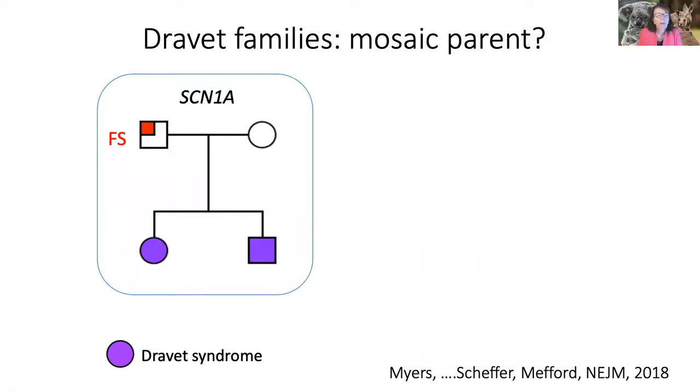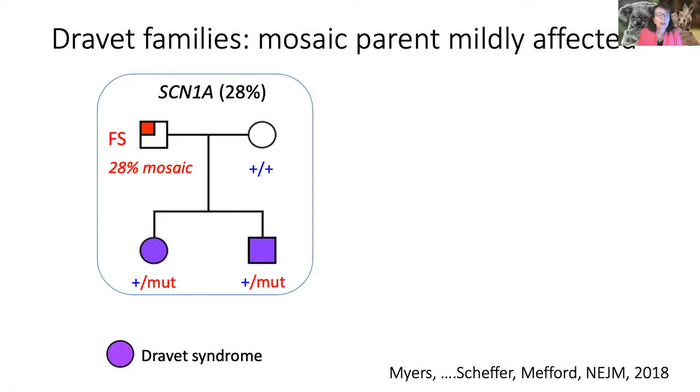When we found the mutation in the children, we looked at the parents, both 200 times, for the children's mutation, and we found that the father was 28% mosaic for the mutation. The father is now in his late 40s, and his seizures have come back in adult life, showing that 28% is not such a low level, and he continues to have epilepsy.